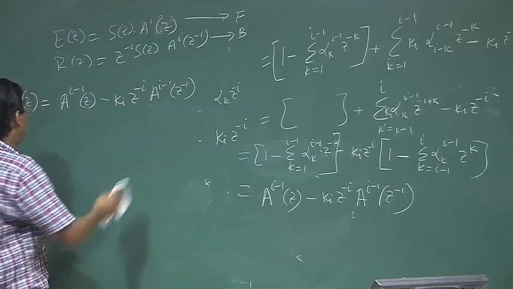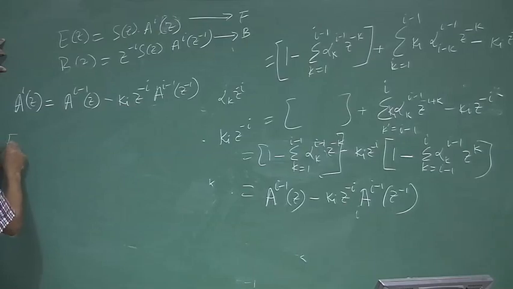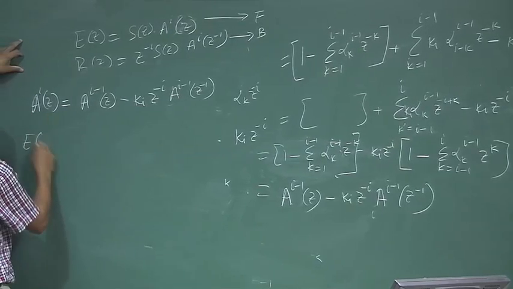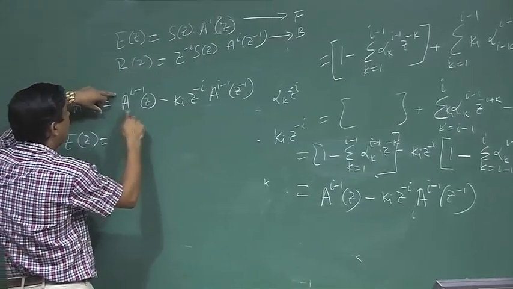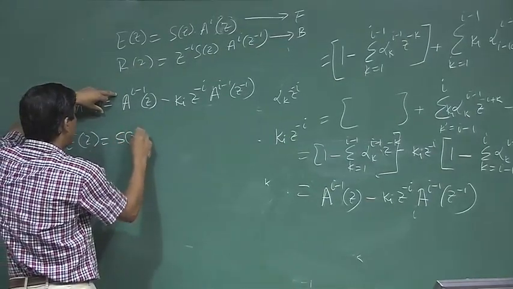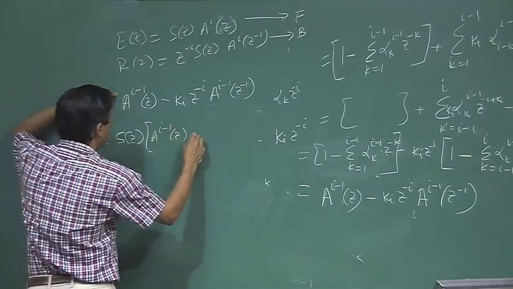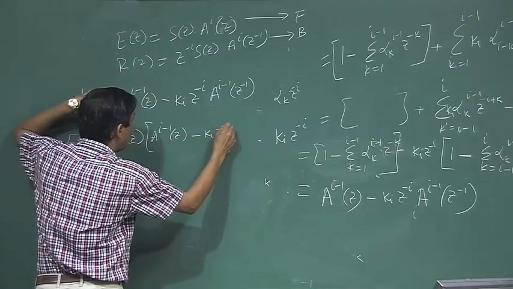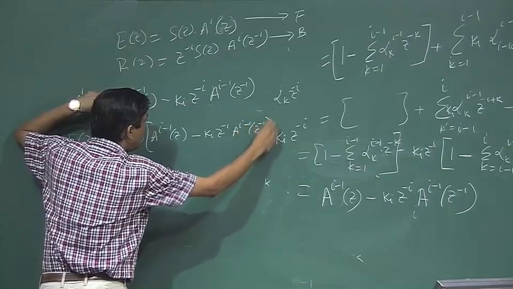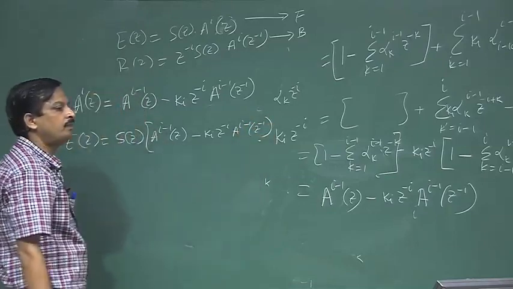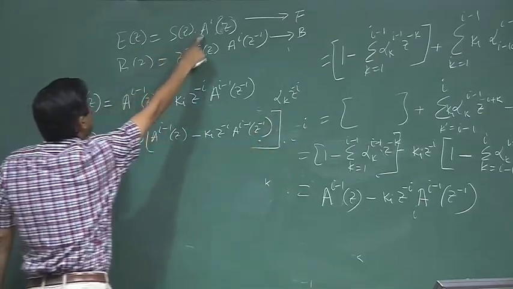Okay? If it is that, then what is the forward prediction error? I can say E z is nothing but S z into A i z. So instead of A i, I can put this one: S z into A i minus 1 z minus k i z to the power minus i, A i minus 1 z to the power minus 1. I just put the value of A i z.